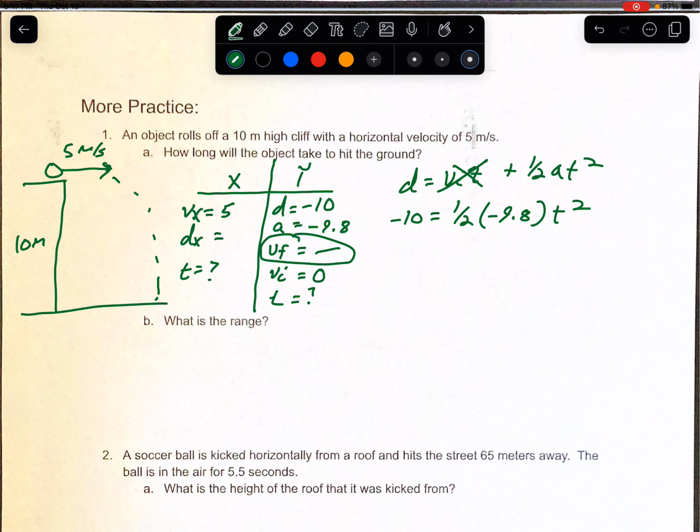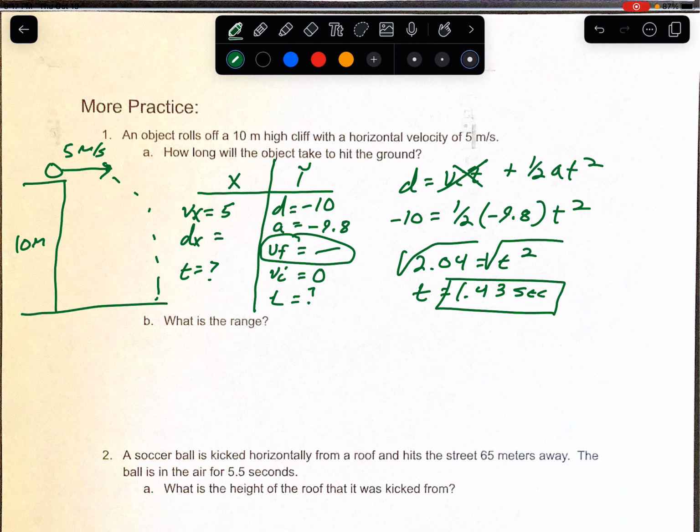I'm going to divide both sides by 1/2 times negative 9.8, which is negative 4.9, and you get 2.04 equals t squared. Please be careful with this. Do not forget to square root at the end because you cannot leave it as t squared. You get a time of 1.43 seconds.